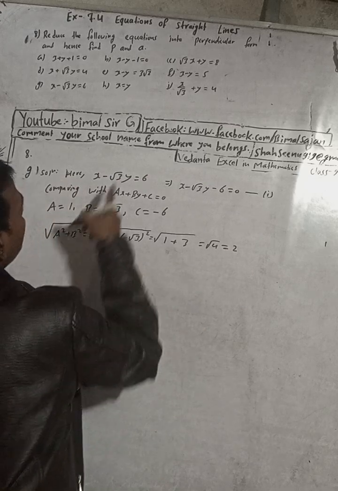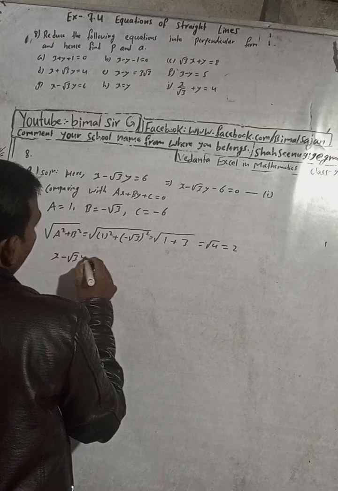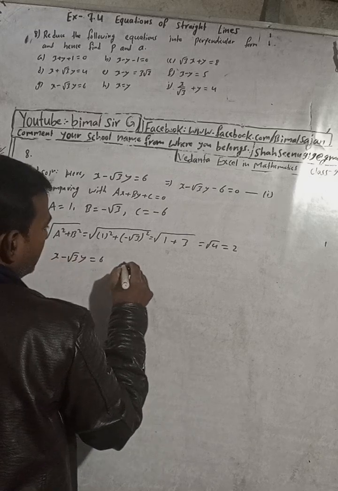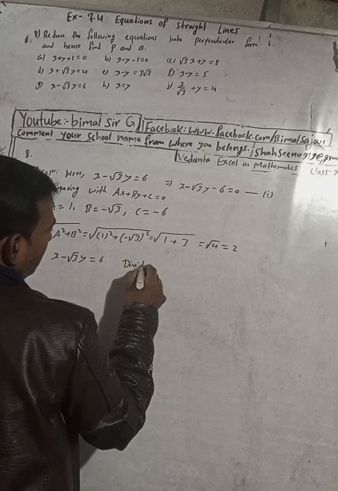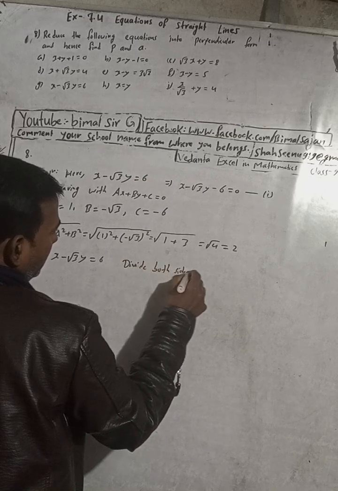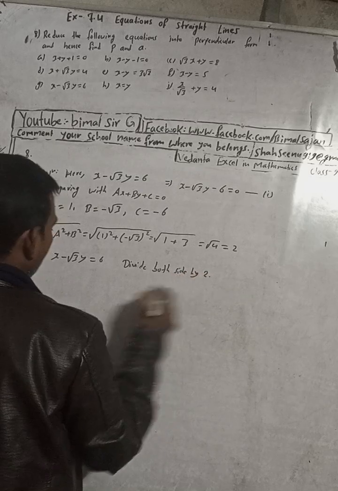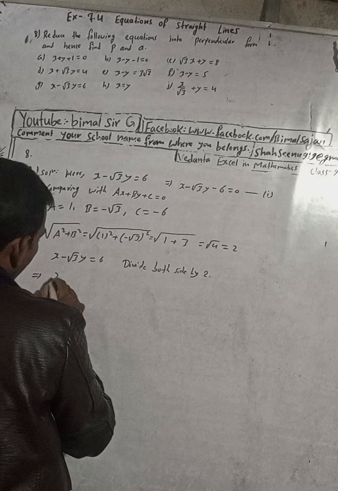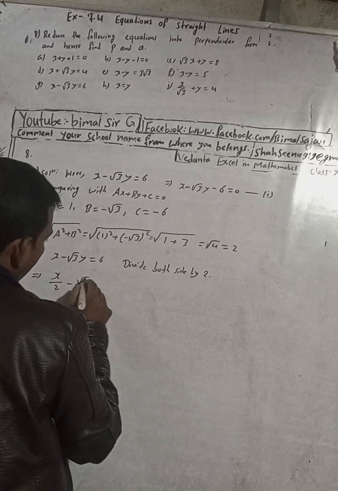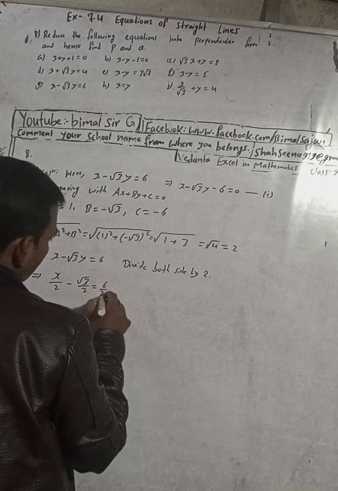Now this is our equation, x minus root 3y is equal to 6. So now divide both sides by 2. When you divide both sides by 2, this can be written as x by 2 minus root 3 by 2 y is equal to 6 by 2.